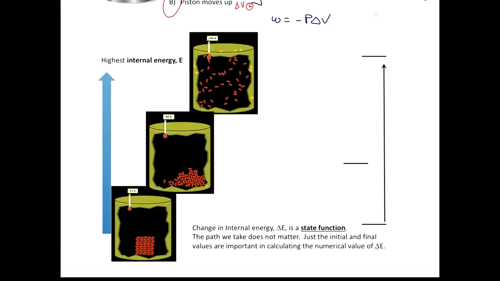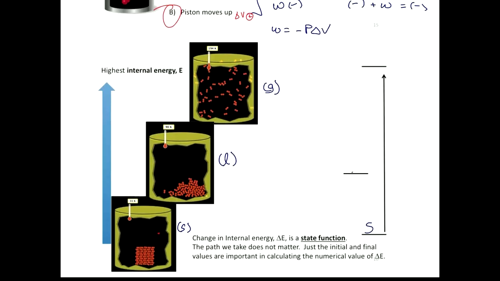All we really care about are the initial and the final points of the process that's taking place. So the idea here is, I have a solid on the bottom here, I have a liquid up here, and I have a gas up here. So there's solid, liquid, gas.